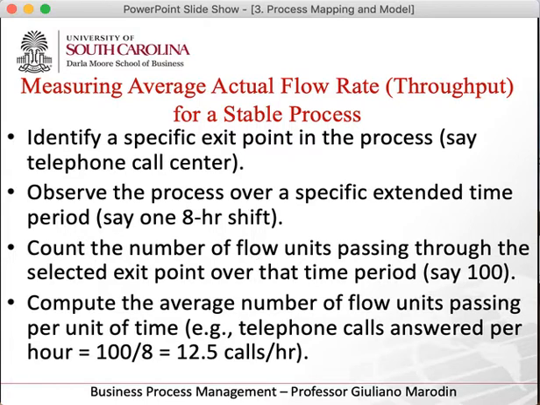So what you want to do is identify what is the process capacity that I can produce in a certain amount of time, and then take a look at how many you're producing to see how efficient I am in my current process. So how to do that? I can observe the process for a longer period of time, count how many or how long it takes until it gets to this point, and compute some average of that, to have the actual.